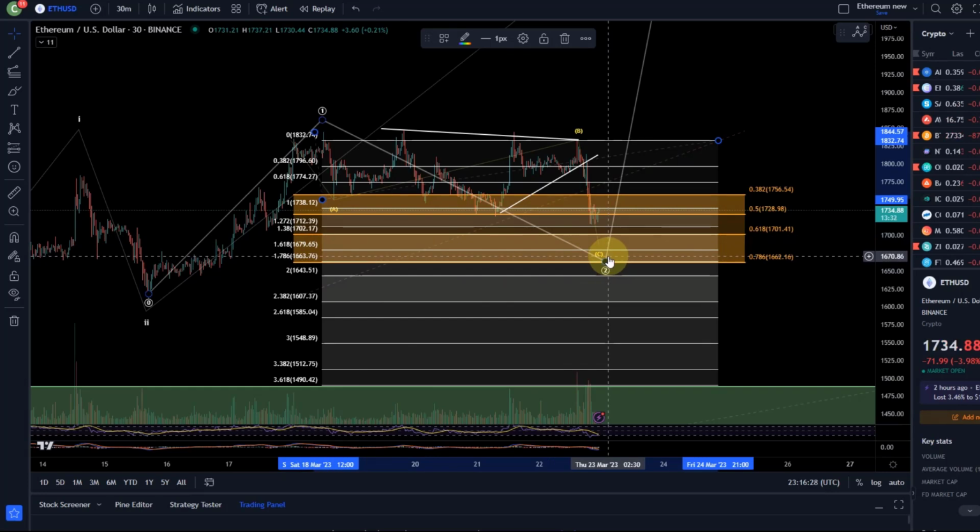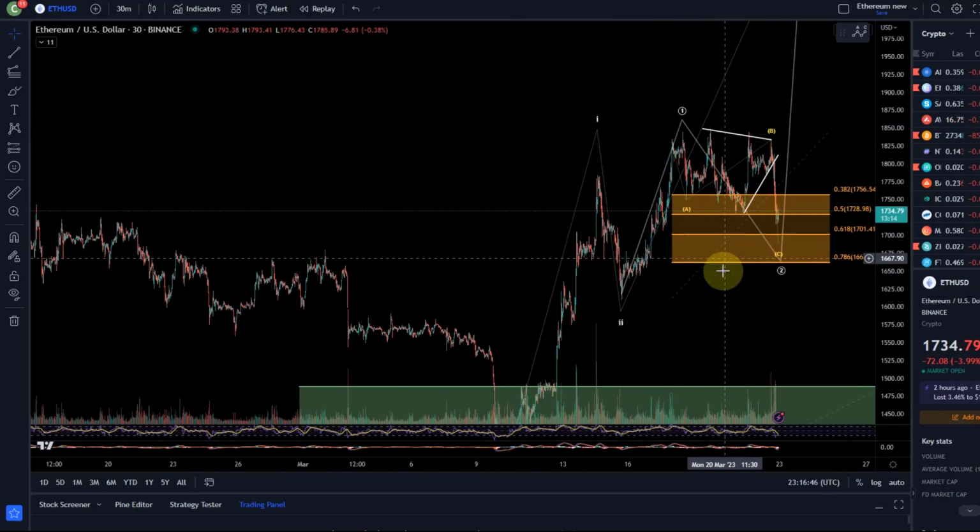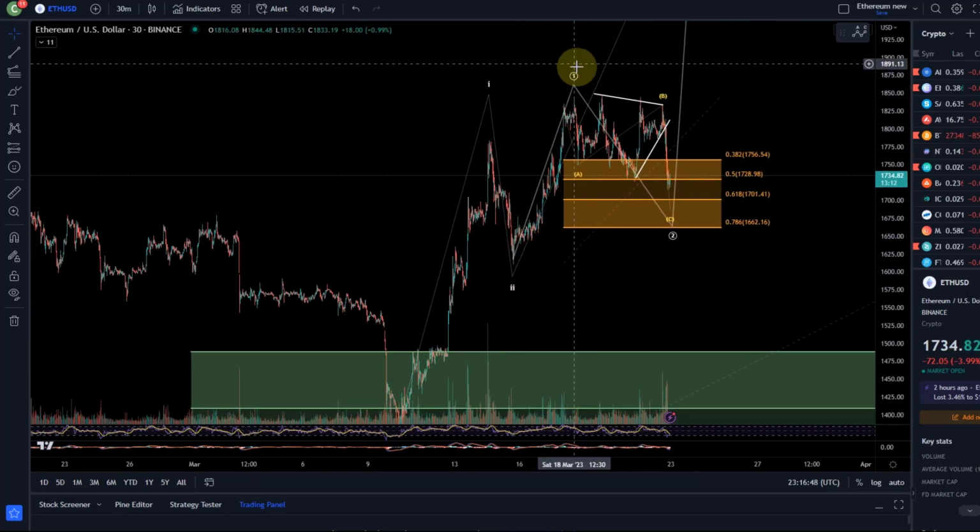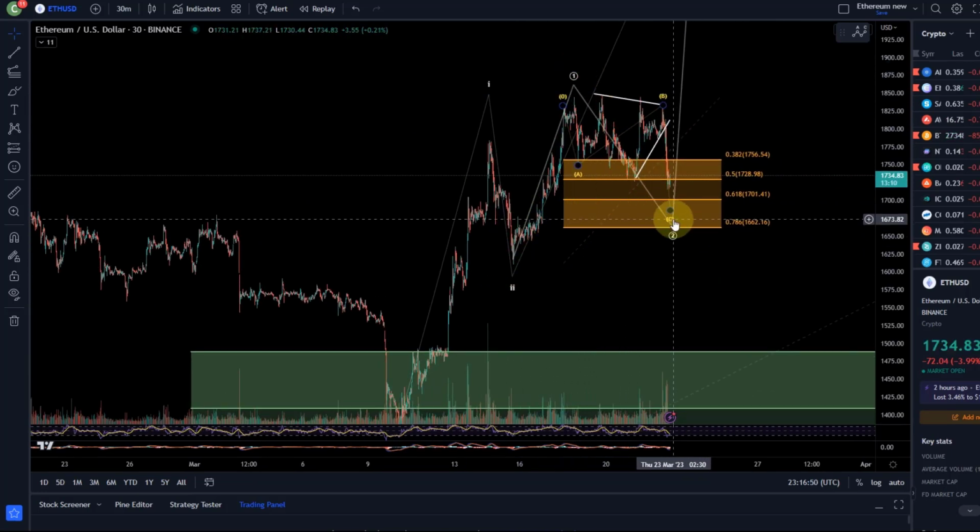Don't be too accurate about $1 or $2, because we've got slightly different prices on each exchange anyway, but that's sort of the range. So anywhere between now and 1662, because below 1662 we are losing the 78.6 retrace, and that puts this larger 1-2 setup into question.